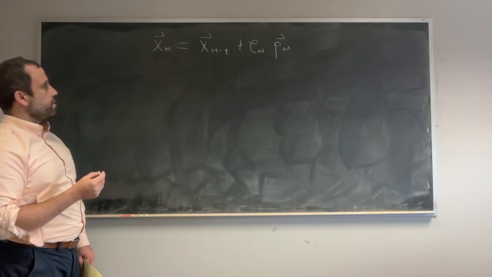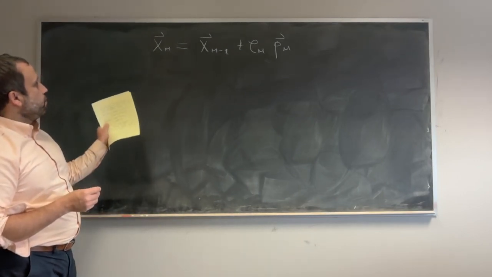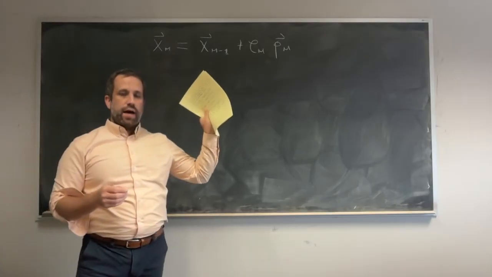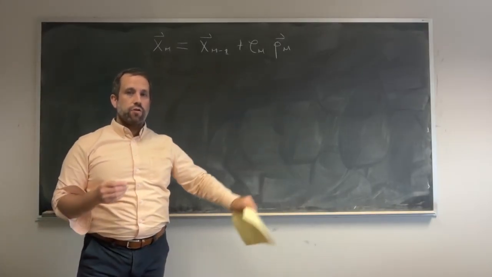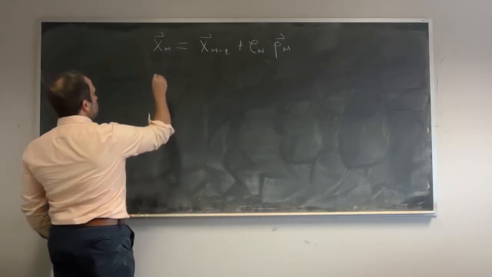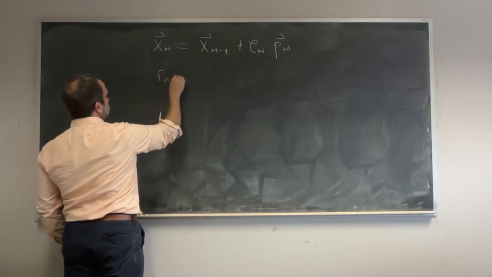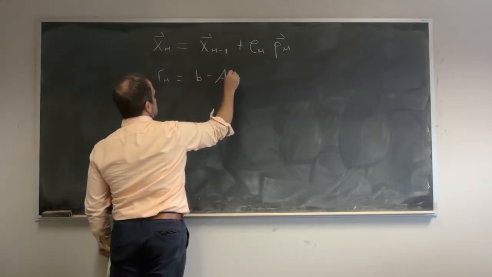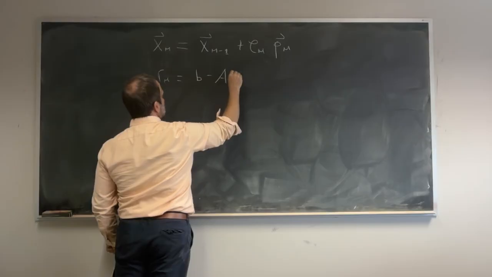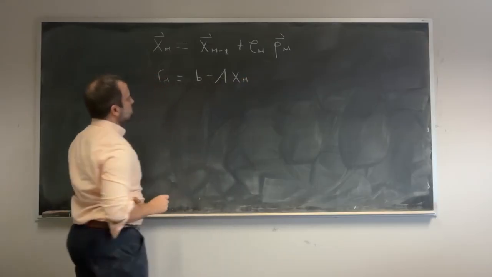Okay, so there's a couple of things that I want to point out here. The first thing is, when we first looked at the FOM method and the Arnoldi algorithm, we saw that the residual r_m equals b minus A x_m.